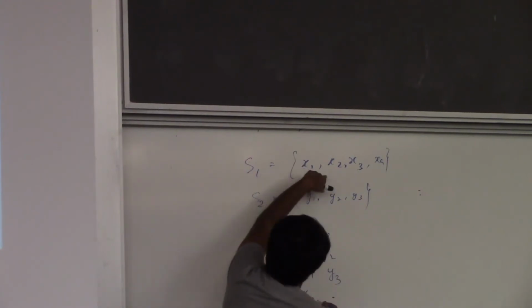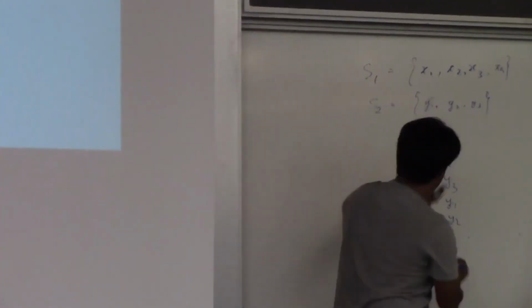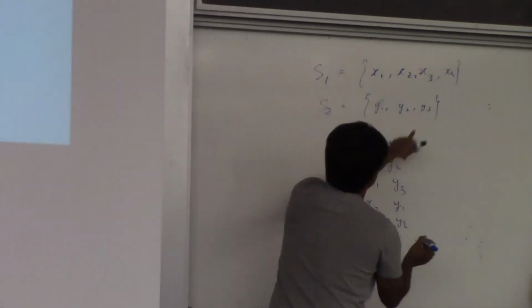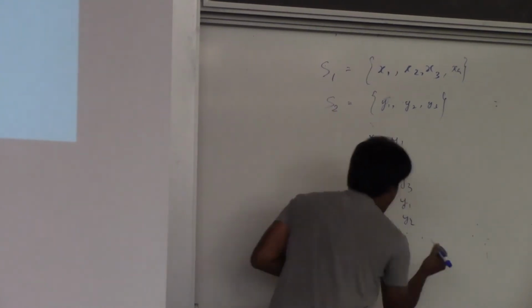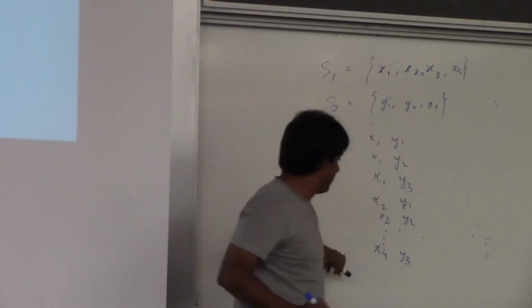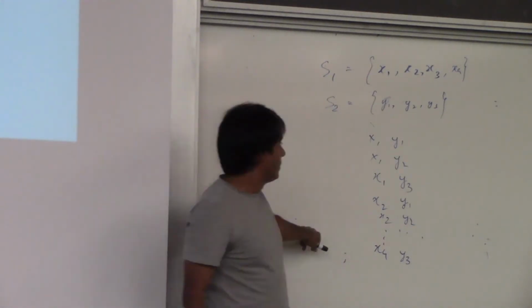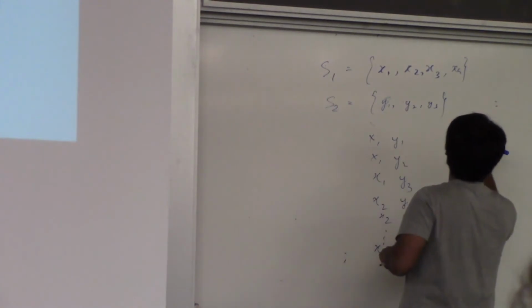Similarly, x2 with y1, y2, and so forth, till x4. So for this instance, how many rows will be there? 12, right? So it's 4 into 3.